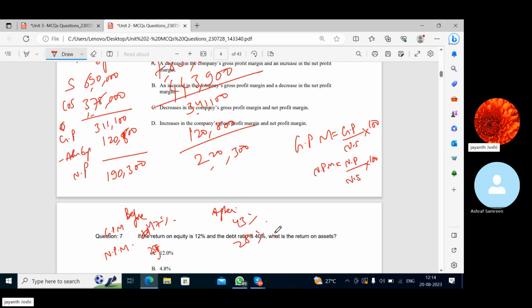Now you can make a comparison and tell the answer, right? So what are you finding here? Let's say the first one: a decrease in company's gross profit margin, increase in net profit margin. Yes, gross profit margin has decreased. Net profit margin, this was how much? 29.